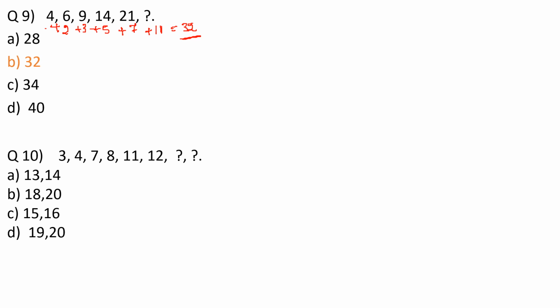It looks like this series is a combination of two alternate series. From 3 to 7, the difference is 4. Then 7 plus 4 is 11. 11 plus 4 should be 15. So this number will be 15.